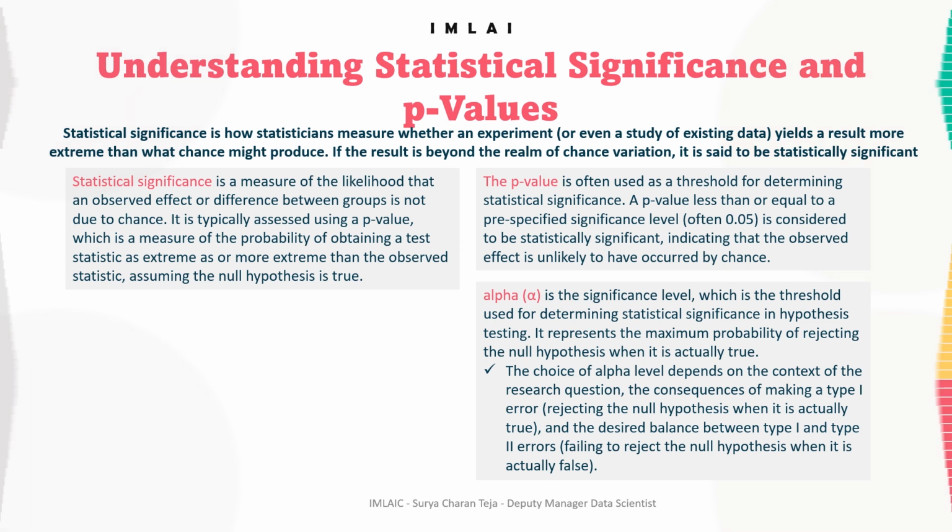No need to worry. It's important to note that alpha is not a fixed value and can vary depending on the research question and context. So researchers should carefully consider the implications of their chosen alpha level and the trade-offs between type 1 and type 2 errors in order to make robust and accurate conclusions from the statistical analysis.